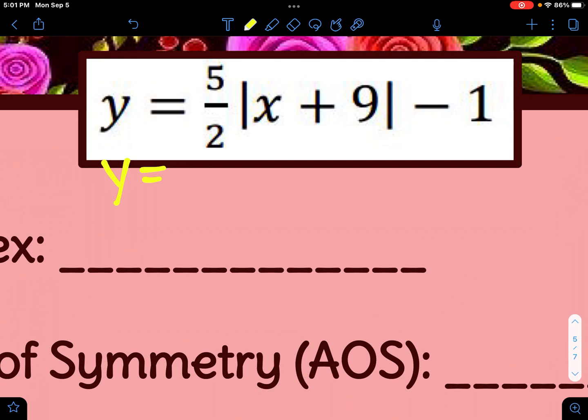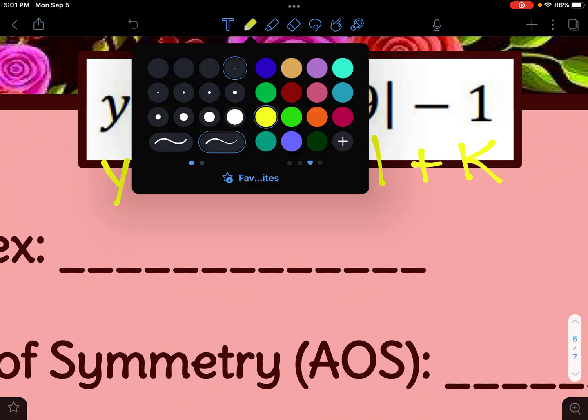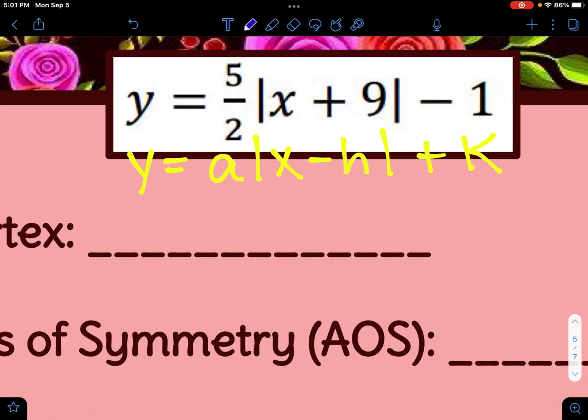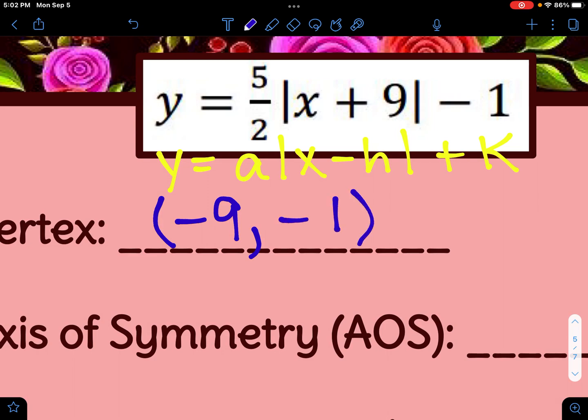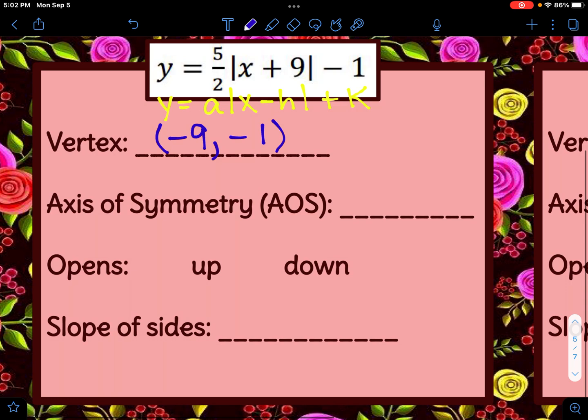So y equals a times the absolute value of x minus h, plus k. Doing that always really helps me identify what's going on. So our vertex is going to be the opposite of h. If h is positive 9, then my vertex is going to be negative 9. Change the sign on h, keep the sign on k. So my vertex is negative 9, negative 1.